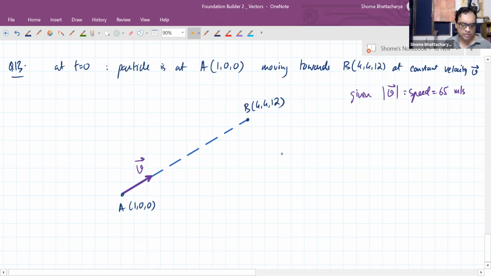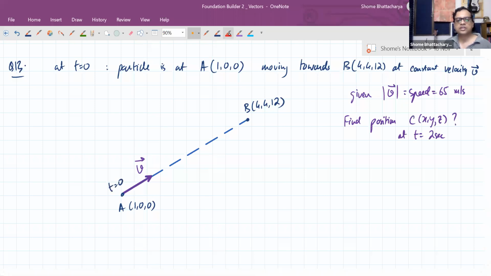Now what we have to find is the position of the particle. Find the position, let's say C, which has some coordinates x, y, z at t equal to 2 seconds. So remember the particle is starting from A at t equal to 0. So let's say after 2 seconds it reaches somewhere here.